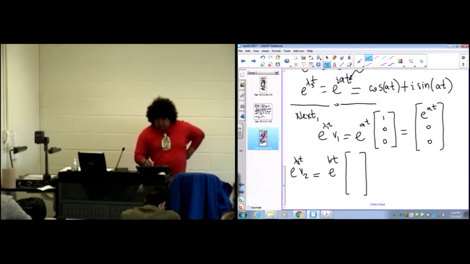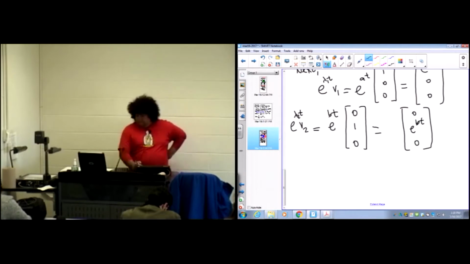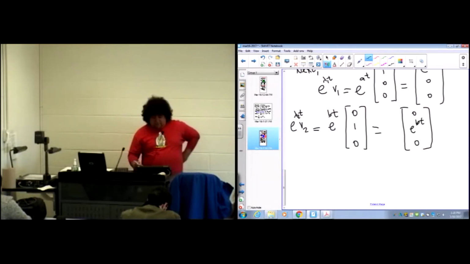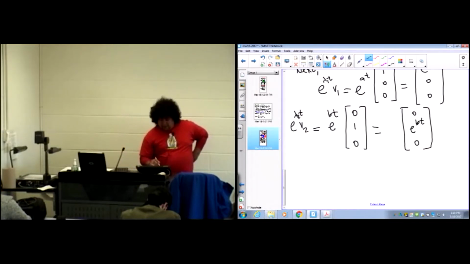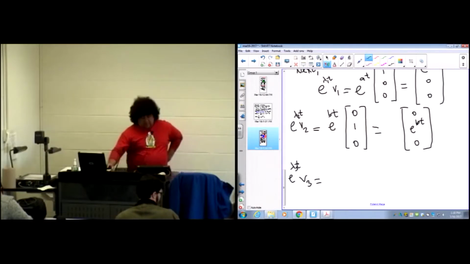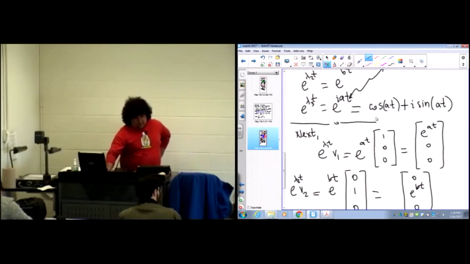So that's what we had established, that e to the lambda 3t is cosine plus i sine because of Euler's equation. So this involves cosine at plus i sine at, and this is multiplying the vector 0, 1, ai minus b.